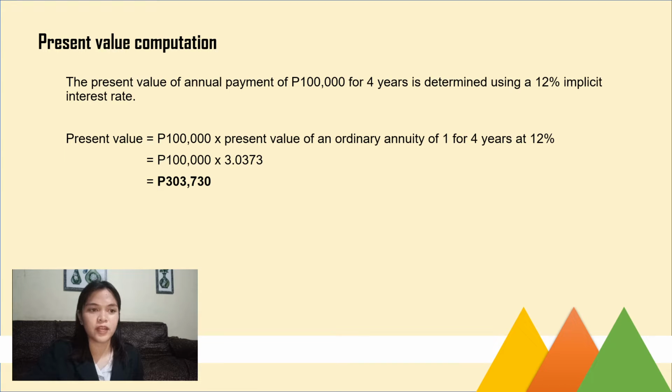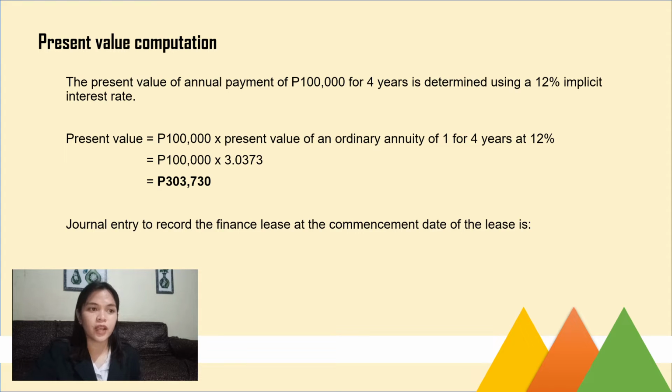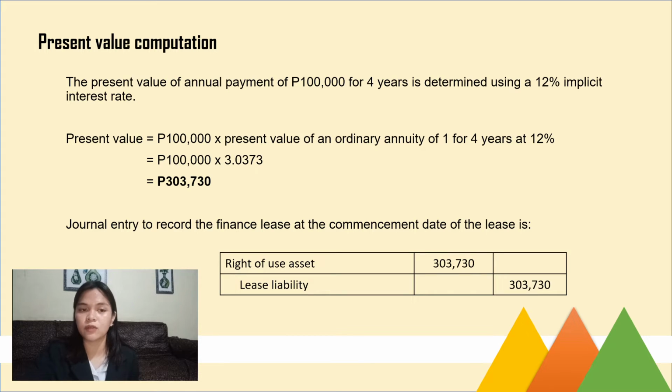And we have here the journal entry to record the finance lease at the commencement date of the lease. So we debit right of use asset amounting to 303,730 and credit lease liability amounting to 303,730.